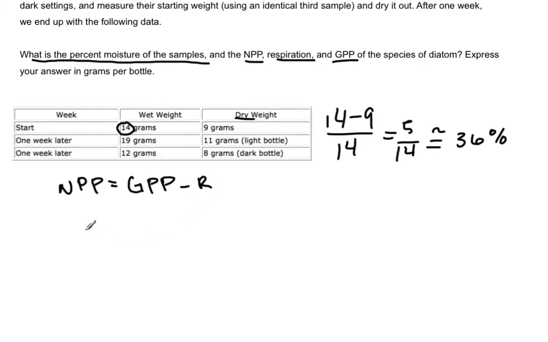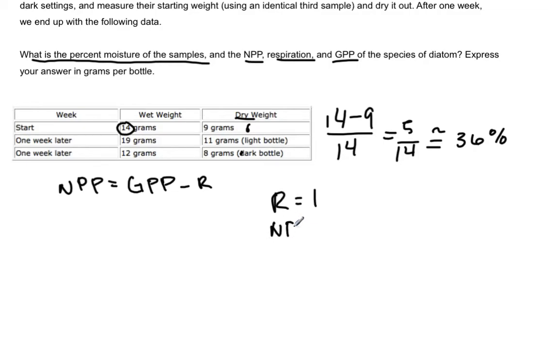So let's go ahead and do it. So we said respiration is going to be my difference between the initial and the dark bottle. So that's 1. So I took 8 and 9 and took the difference.